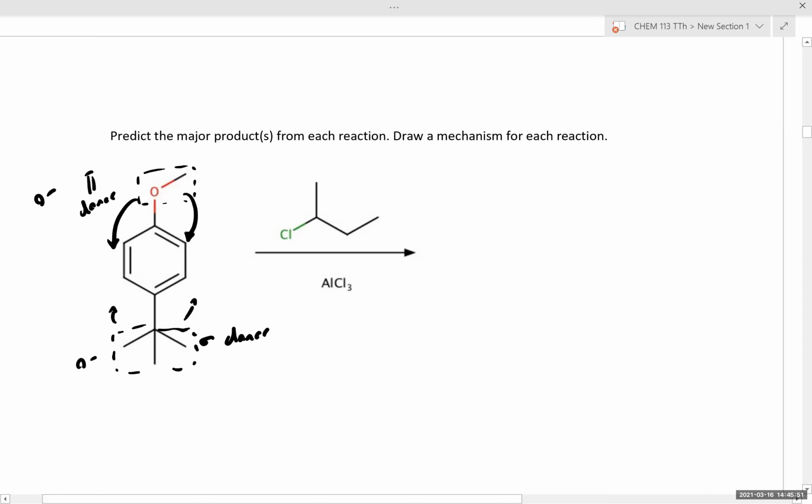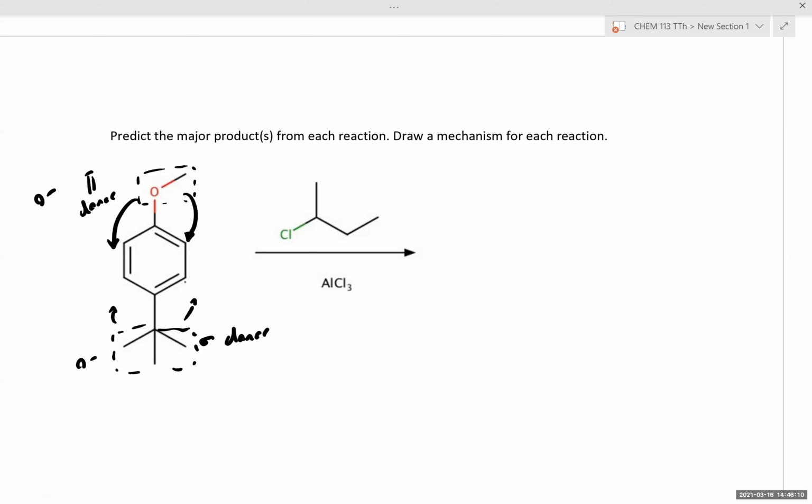So the stronger directing group wins out in terms of the major product for this reaction. It also helps that this t-butyl group is so bulky, we are not going to see significant reaction at the ortho positions relative to that t-butyl group.